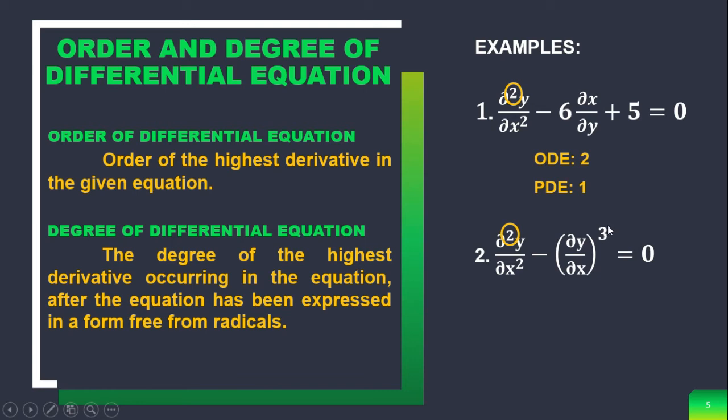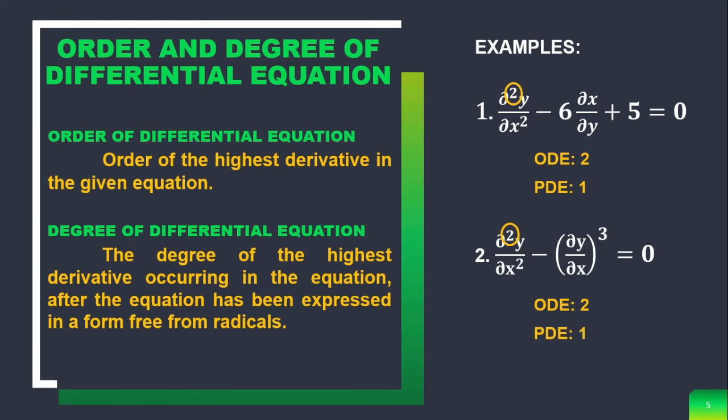No, it is wrong. Because 3 here is just the exponent of our smallest derivative here. And this is our largest. So don't be confused about that, guys. Next, since this is our largest derivative, our order is 2 and our degree, since it is raised to 1, we have an imaginary 1 there.